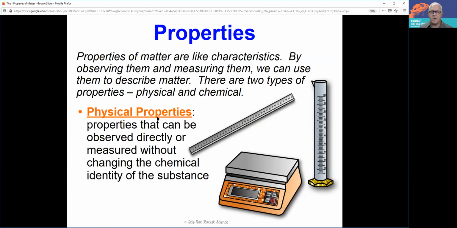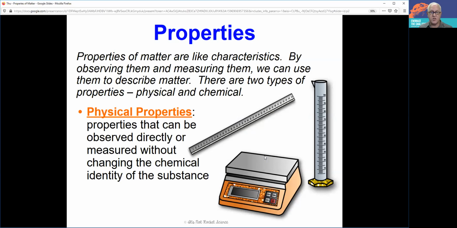So physical properties, this is a key term for you, so make sure you get this definition down. Physical properties are properties that can be observed directly or measured without changing the chemical identity of the substance. It's something we can observe or measure.